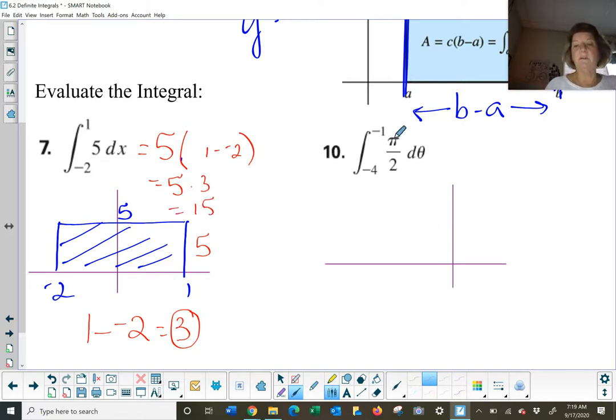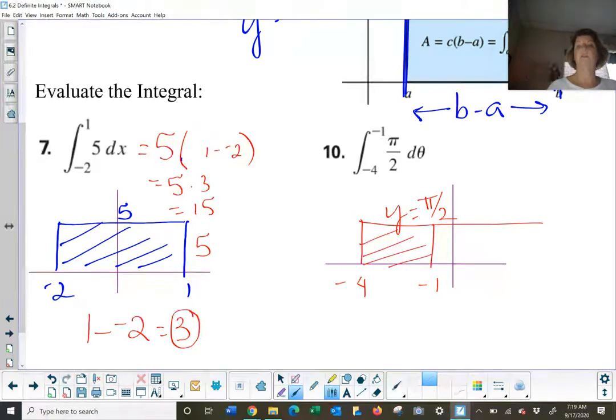Pi over 2, 3.14 divided by 2, would be around 1.5-ish. Y equals pi over 2 is our horizontal line. It is stretching from -4 to -1. This is the region that we're interested in. So the area of this curve, well, this distance we know is -1 minus -4.